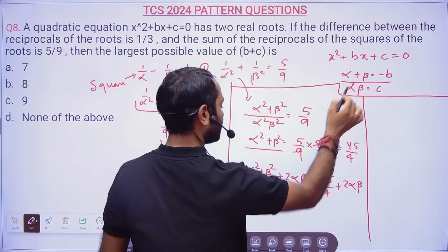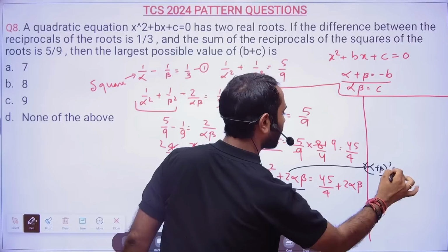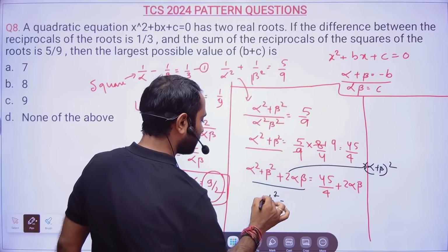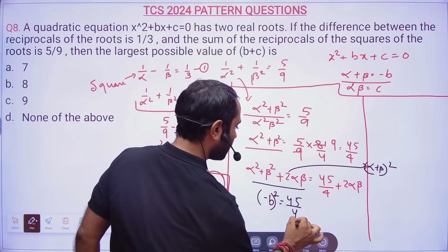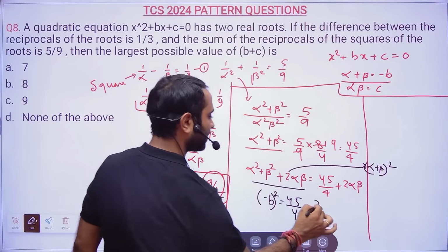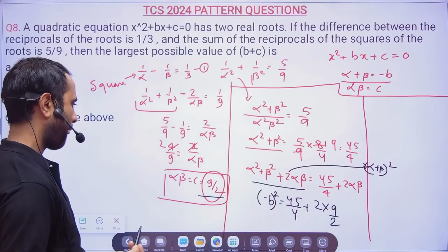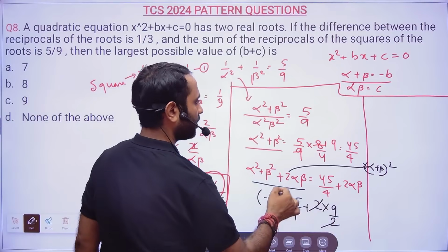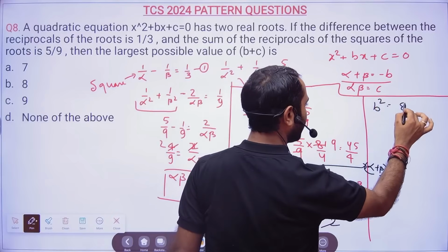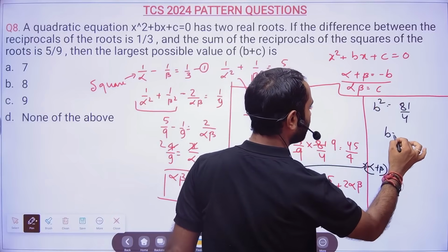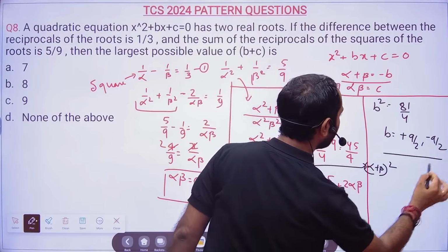So minus b square will be equal to 45 by 4 plus 2 into alpha beta. Alpha beta is 9 by 2, so 2 into 9 by 2, the 2 and 2 cancel. So b square will be equal to 45 by 4 plus 9, which is 36 by 4, so it will be 81 by 4. So b will be plus 9 by 2 and minus 9 by 2. The value of b we got.